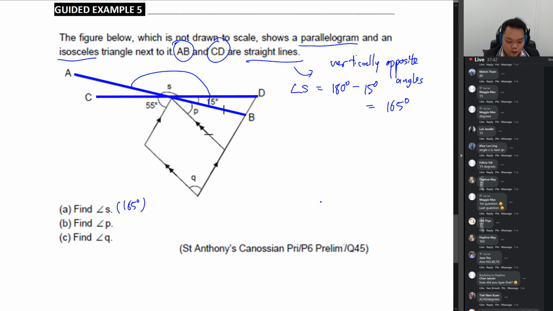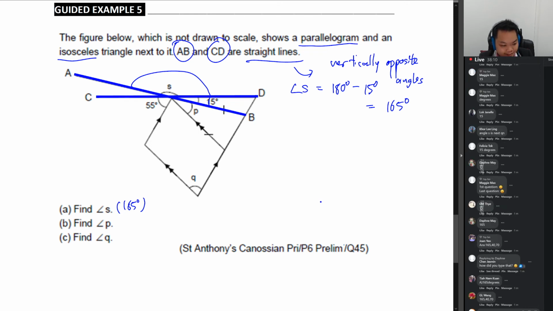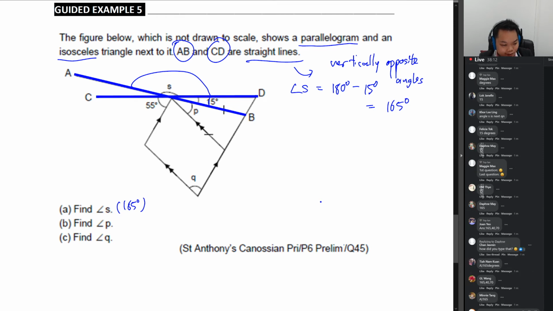Okay, then the next one is angle P. How did you all find angle P? Very curious. How do you all do it? Yeah, GL Huang, how do you do it?